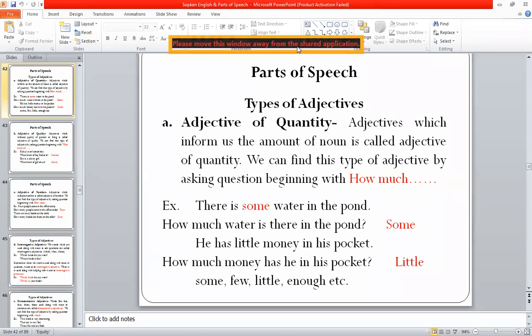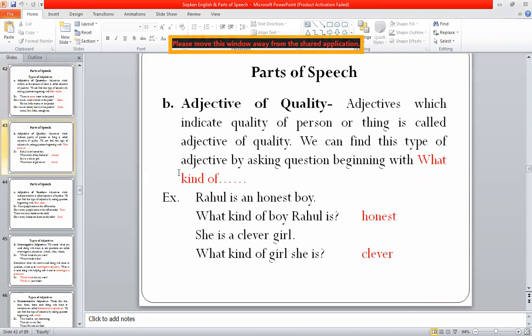Then let's see the next type. Yes, the second type of adjective is adjective of quality.